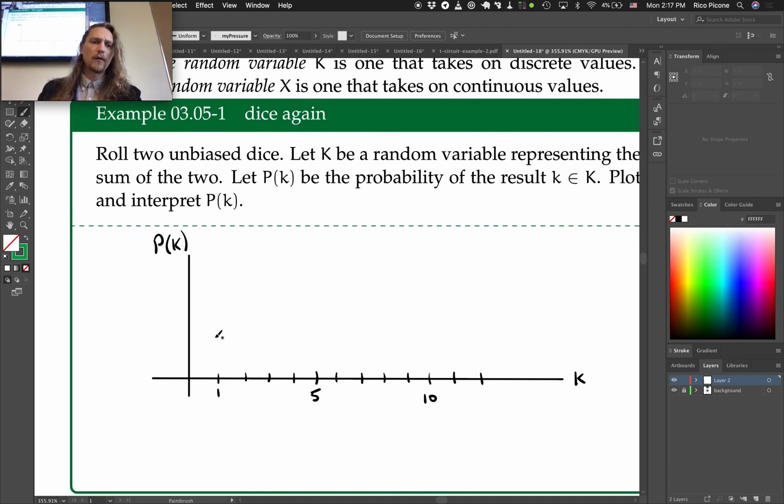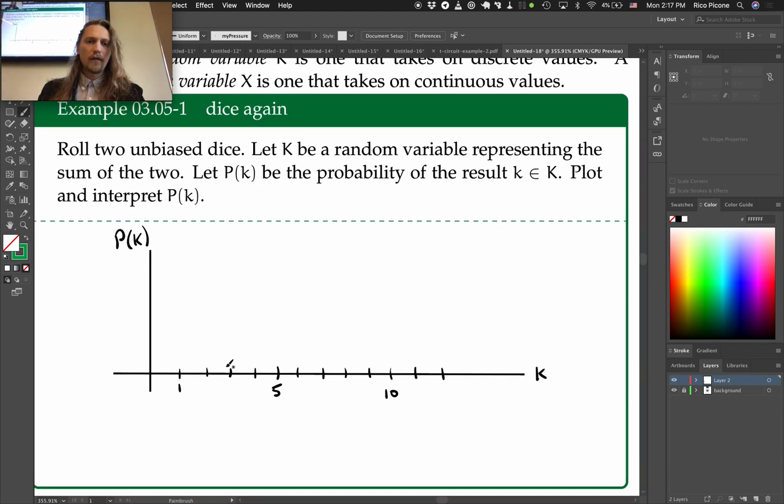So plotting this here, what's the probability of getting a sum of 2? So it's 1/6 times 1/6, right? So 1/36.